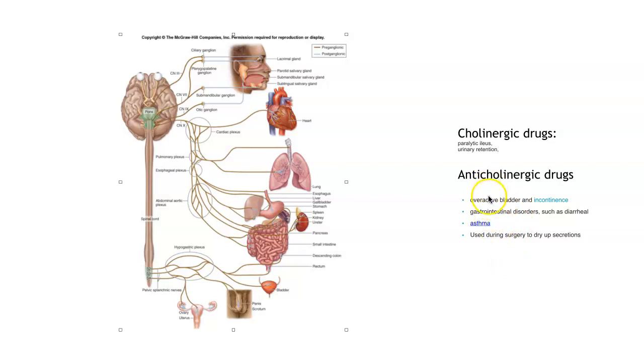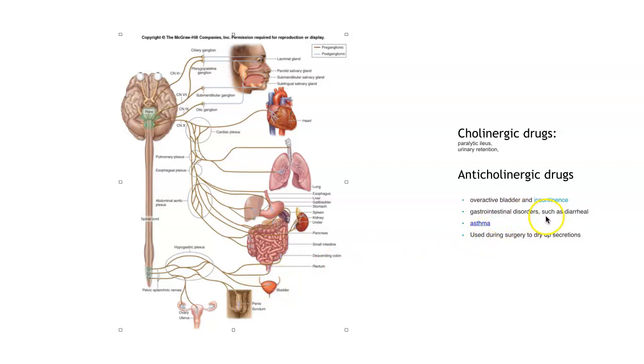They're going to use an anticholinergic drug to treat an overactive bladder. So people with incontinence, they pee on themselves all the time. They're going to give them an anticholinergic drug. Don't contract that bladder so hard so you don't keep peeing on yourself.